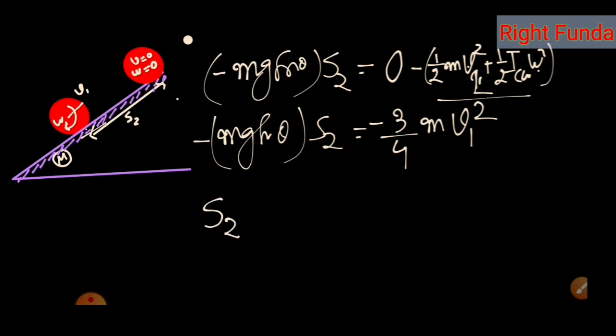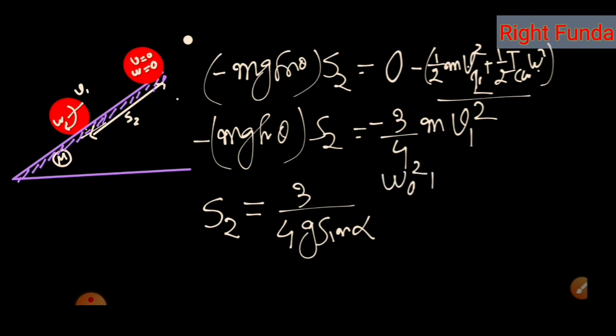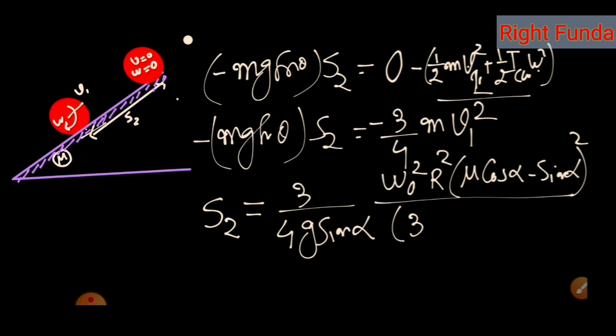We can calculate S2 to be equal to 3 by 4 into g sine alpha, into omega naught squared r squared into mu cos alpha minus sine alpha, whole squared, divided by 3 mu cos alpha minus sine alpha.